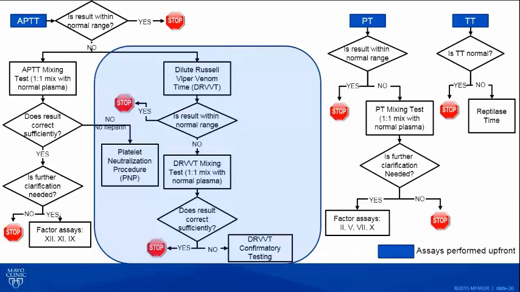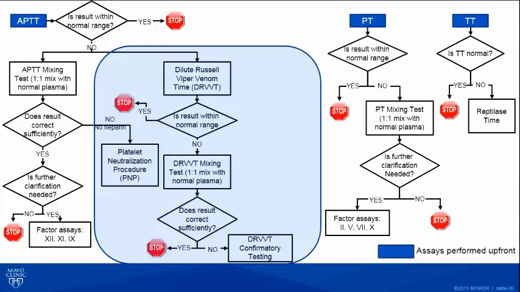So our special coagulation lab is a reference lab, and we do offer a bleeding diathesis panel where we perform a battery of screening tests up front, and then reflexively add the additional testing according to what we find from the screening assays in an algorithmic approach.